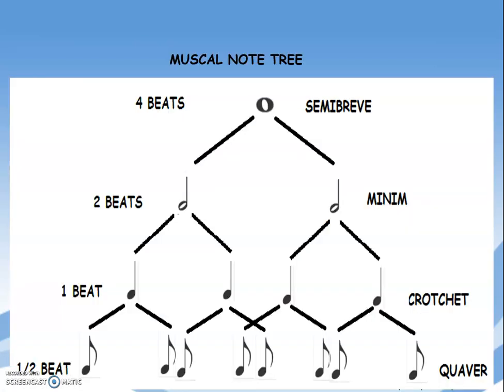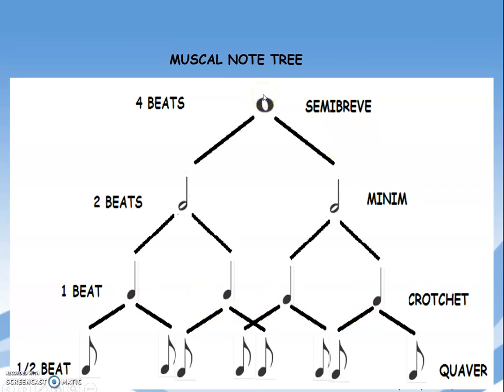Now, this is your musical note tree. A semibreve is 4 beats, a minim is 2 beats, a crotchet is 1 beat, and a quaver is half a beat. If you look at this family tree, you discover that you need 2 minims to have 1 semibreve. Then you need 4 crotchets to have 1 semibreve.